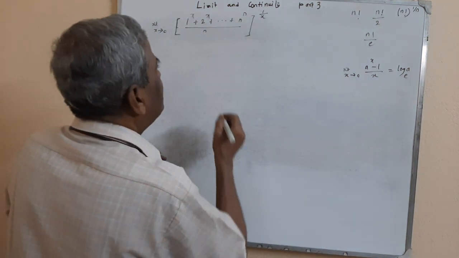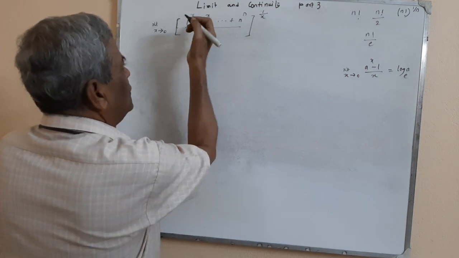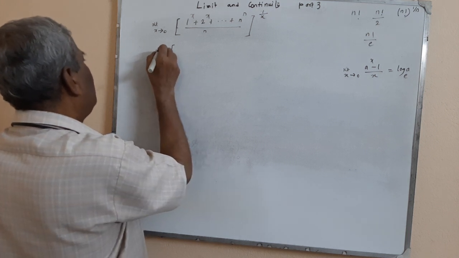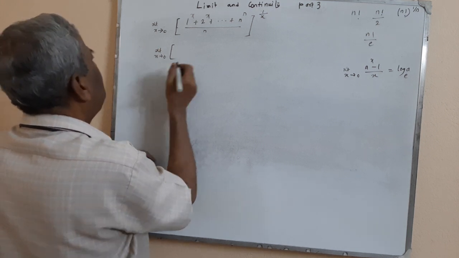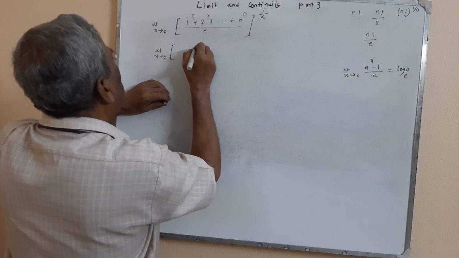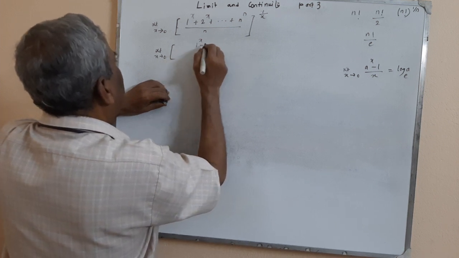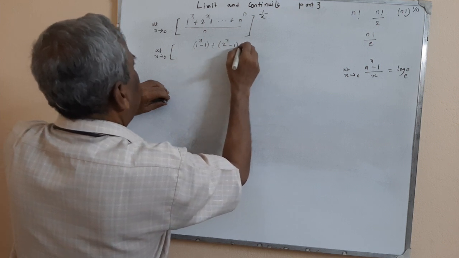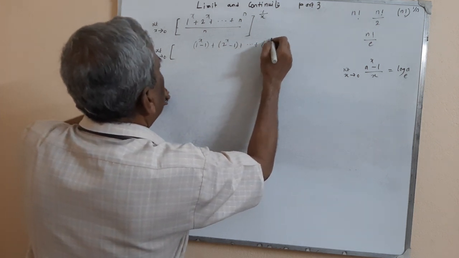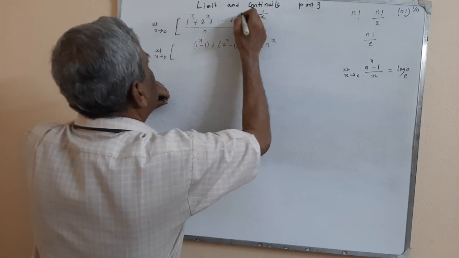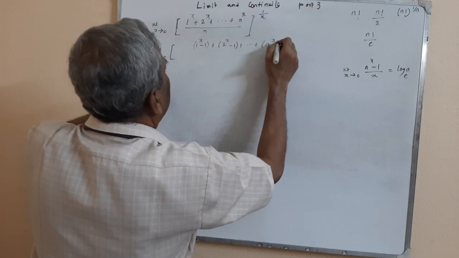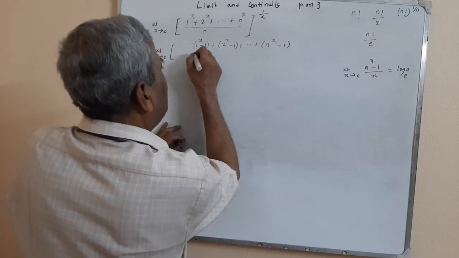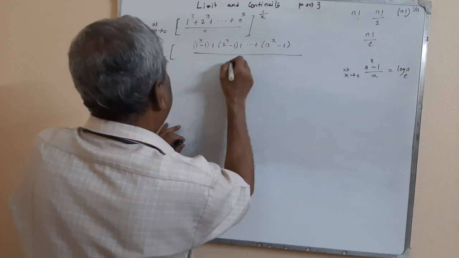For that purpose, this one is equal to limit x tends to 0, 1 to the power x minus 1 plus 2 to the power x minus 1 plus up to n to the power x minus 1, divided by n.